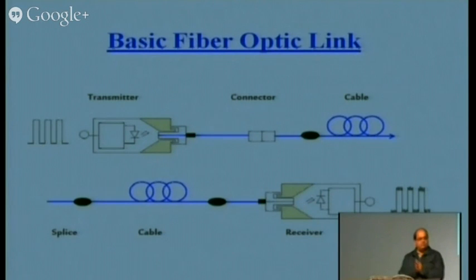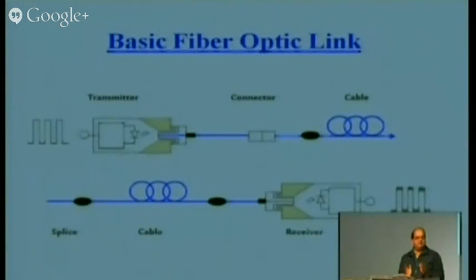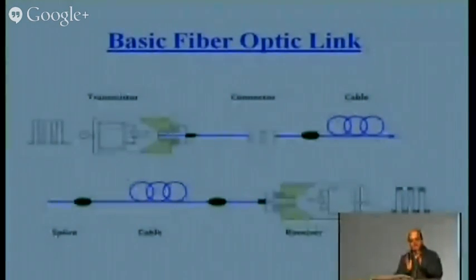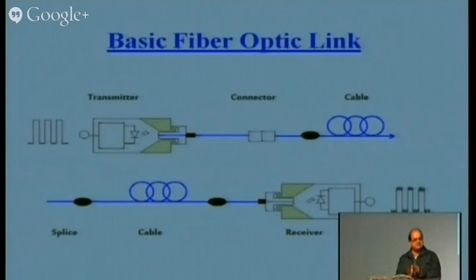And we also know at each joint there is a loss. Some loss is always associated with each joint or each connection. And it is very, very important in the optical communication system that this loss should be as small as possible, because here we have limited power.